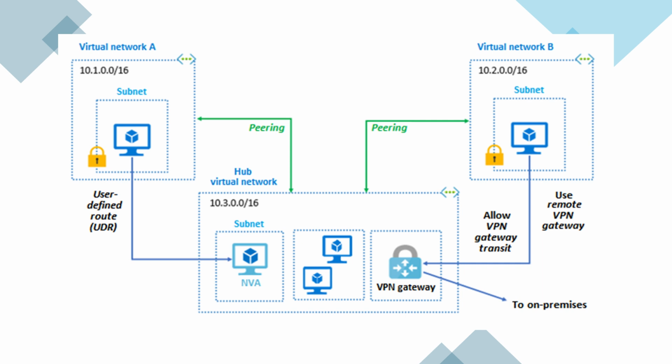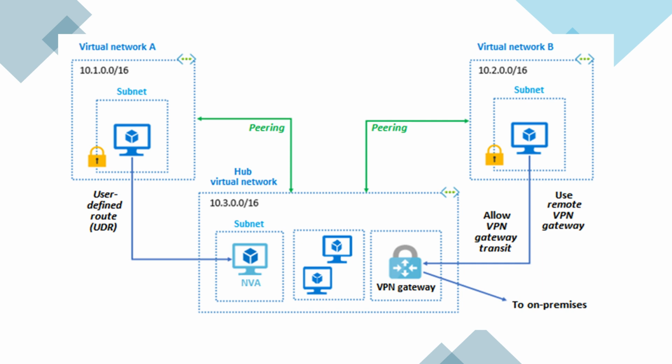This means that other VNets peered with the hub can use that gateway to reach external networks. In this setup, Virtual Network B is configured to use a remote gateway, which means it doesn't need its own VPN gateway. It simply uses the one in the hub to connect to on-premises resources.